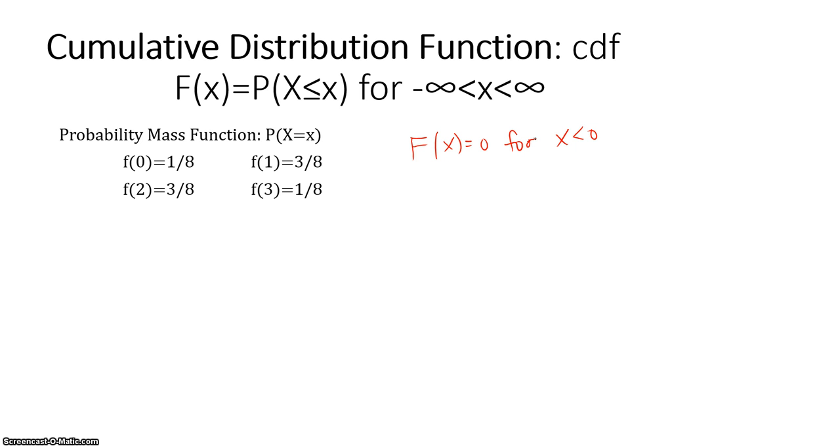Once we get to 0, we know that the probability that x takes on a value of 0 or less is going to be 1/8.